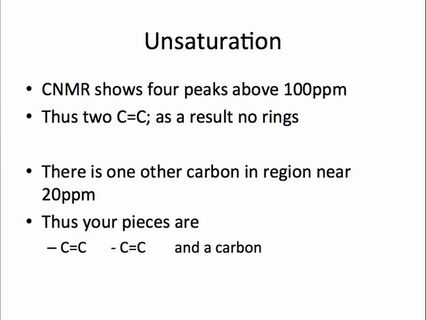That tells us that there are 2 C double bond Cs in our molecule, and as a result there are no rings. There's one other carbon in a region near 20 parts per million. That's a regular sp3 hybridized carbon, and thus you now have 3 pieces for your molecule: a C double bond C, another C double bond C, and a carbon.